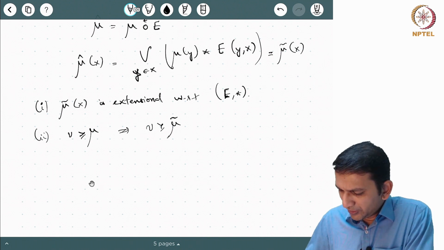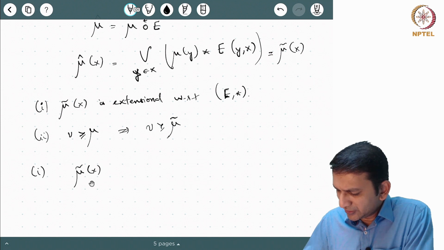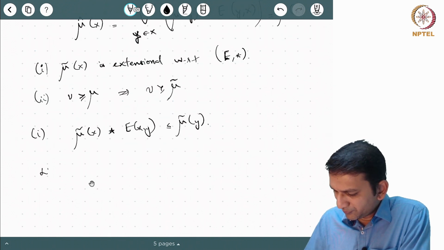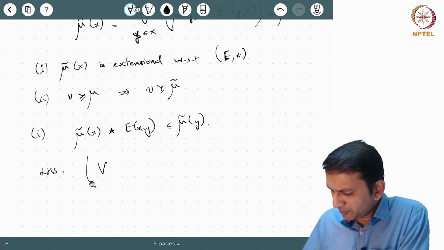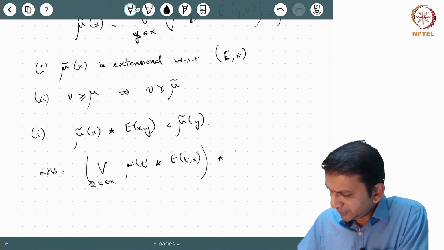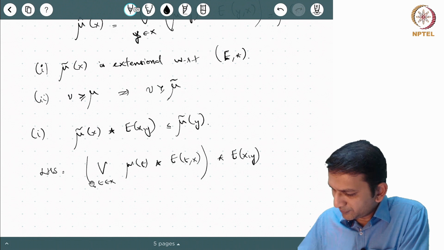Okay, let's prove one. To prove one means we need to show mu tilde of x star E of xy is less than or equal to mu tilde of y. Let's look at the LHS. This is the supremum over T element of X of mu of T star E of Tx, star E of xy.